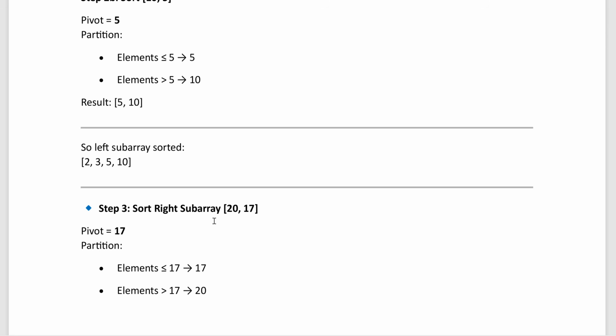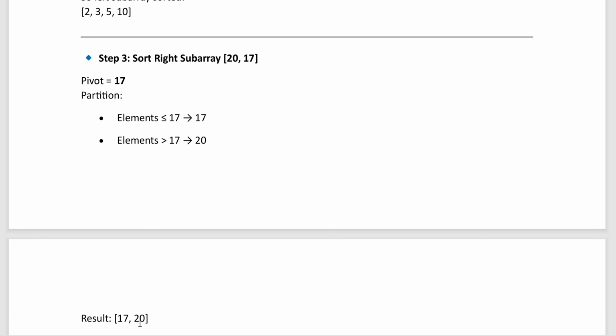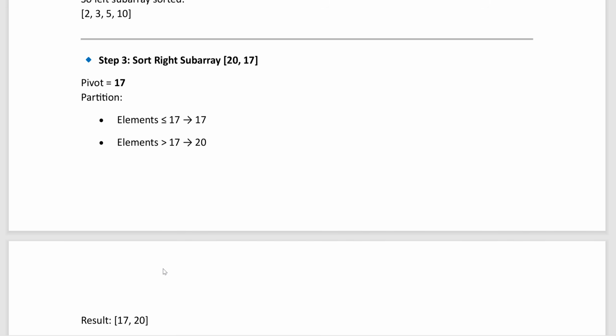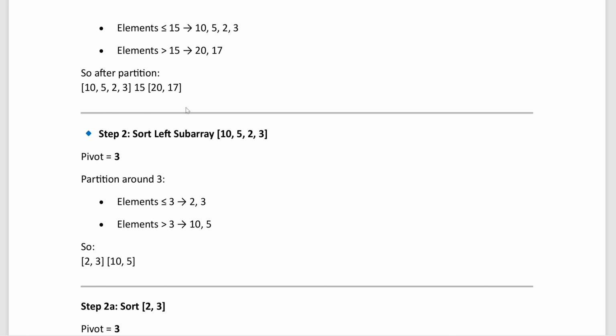So less than equal to the pivot element 17 is 17 itself. Greater than 17 is 20. But we have to include at least two elements in an array, and we sort now 17 and 20. So the right subarray is now also sorted, and in between, what was the element in between this? It was the 15.